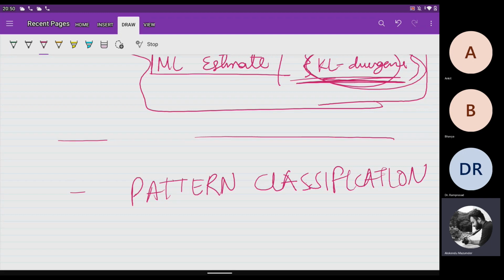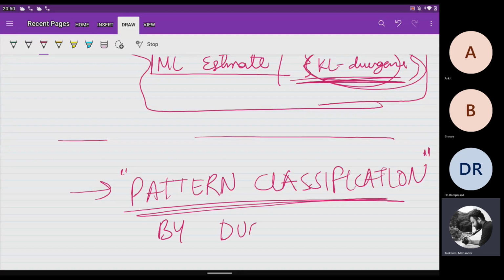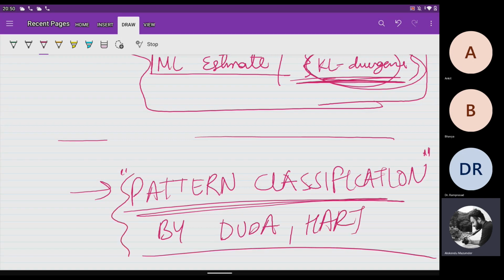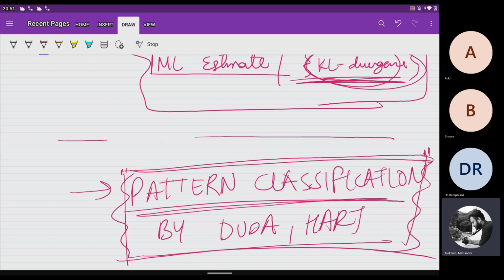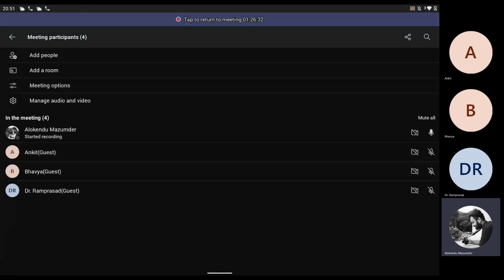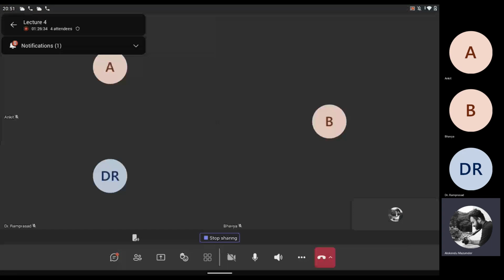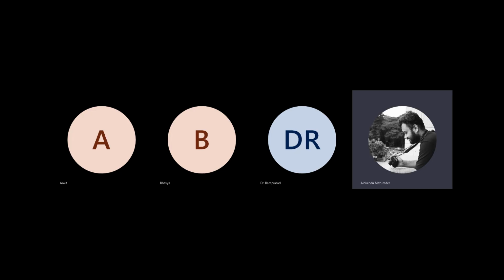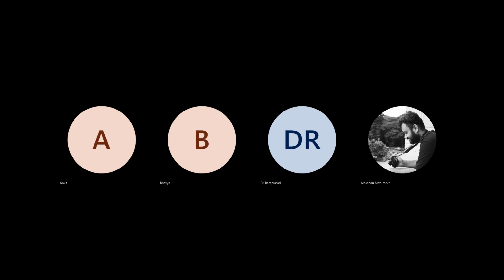So the book's name is Pattern Classification by Duda and Hart. This book is a full-fledged book on machine learning. For ML, refer to this book, Pattern Classification by authors Duda and Hart. And mostly whatever I will be teaching here, I will take the reference from that book only.